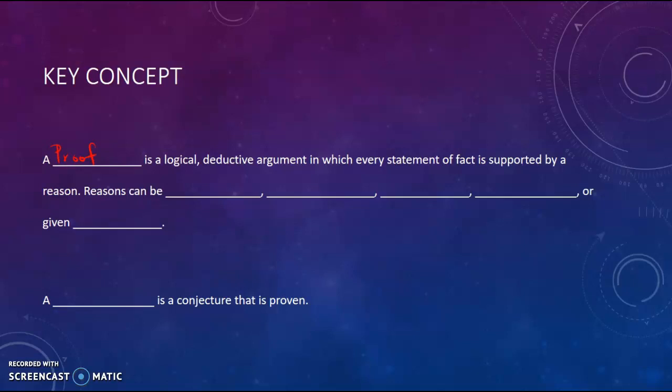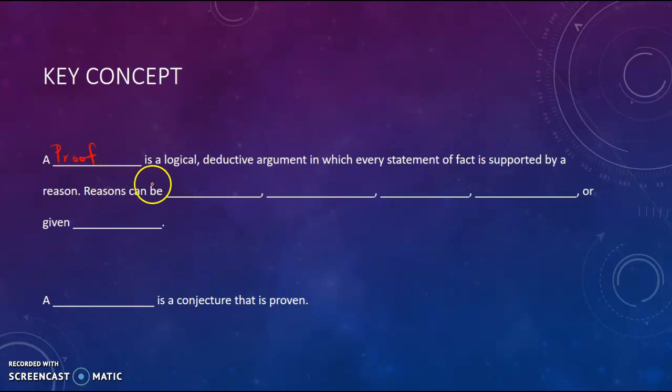But then, anyone who's planning on being a lawyer or having to do anything that uses deductive reasoning or arguing, or where you have to put your statements in a logical order to prove something, whether that's selling something or trying to get your point across, that's the point of proofs. So where you may not be mathematically using proofs, the thought process behind proofs is why we teach proofs.